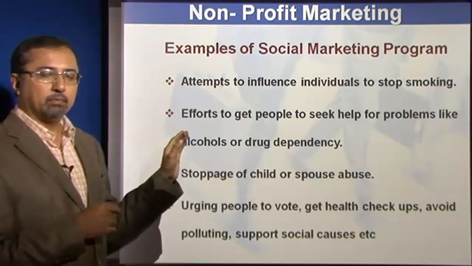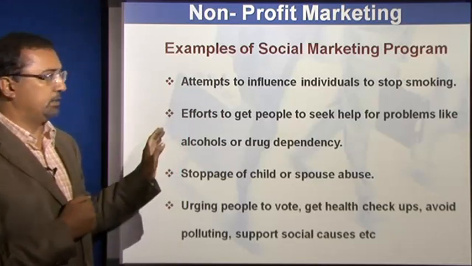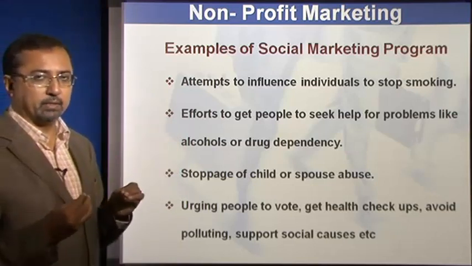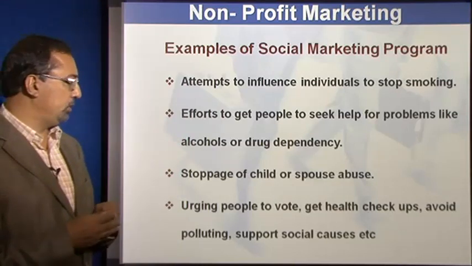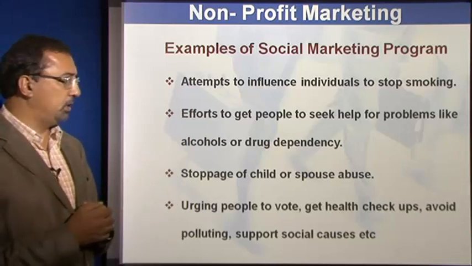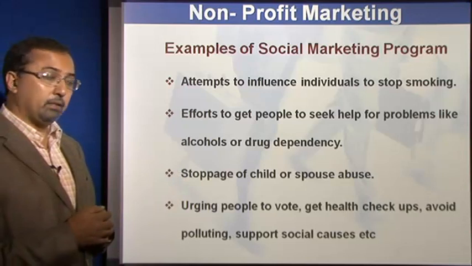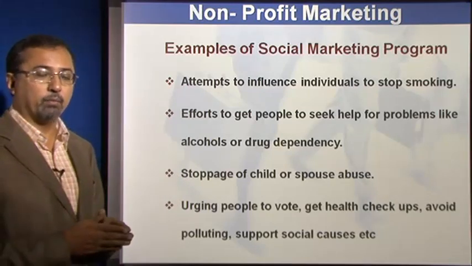Then you have things like Alcoholics Anonymous and drug de-addiction agencies, because these are all dangerous problems to have, and there are agencies created for it. You also have things like stopping child abuse or spousal abuse. And then you also have campaigns you've seen, people asking you to go out there and vote.